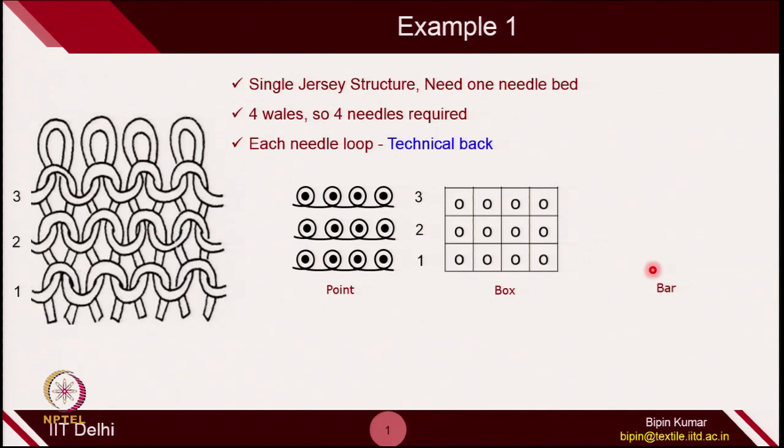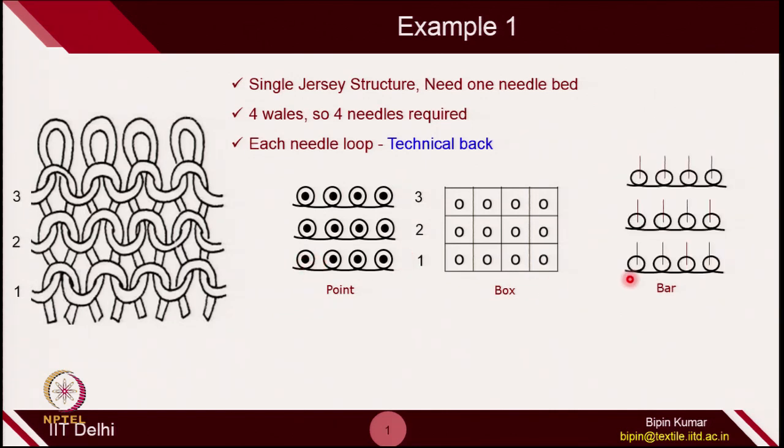In the bar diagram it is quite simple, all the needles are represented by bars, and since it is the technical back side, this is how you can represent each of the needles by bars. Whether you go for point or bar diagrams, the representation looks almost similar. Some researchers prefer to use the point diagram, some prefer the bar diagram. Do not get confused by this, they all represent the same nature of the fabric.